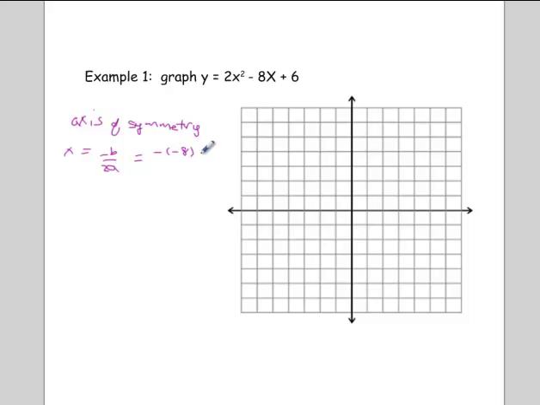I could simplify that now, or I could wait, but I'm going to do that now. All over 2 times a, and a is another 2. So it's going to be 8 over 4, so x equals 8 divided by 4, which is 2.